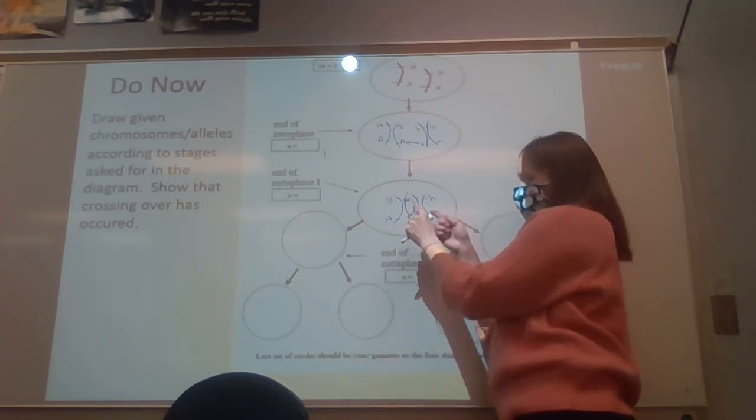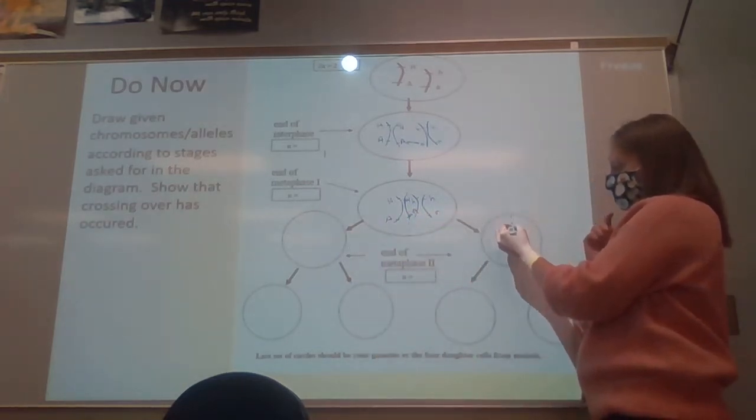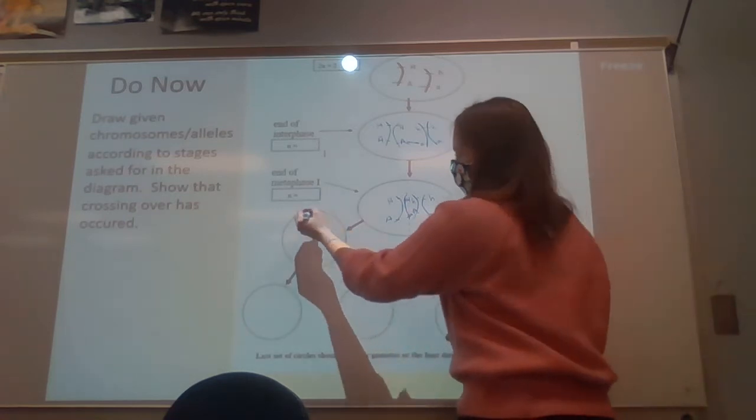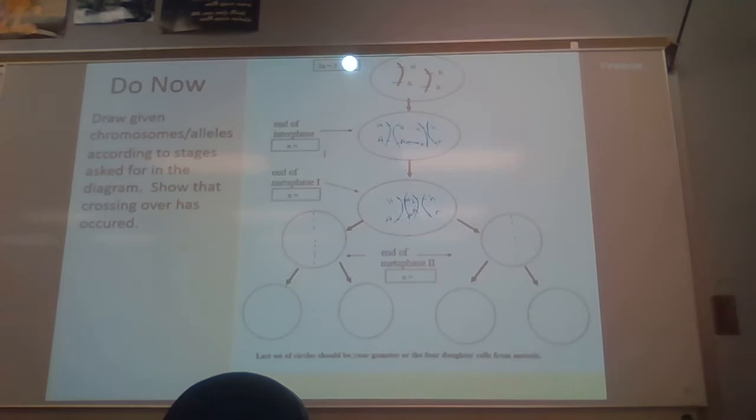So those chromosomes are eventually going to end up in two separate cells at the end of meiosis 1. The next step that really determines what's going to go in each new cell is again at the end of metaphase 2. So again, in metaphase, what happens always in metaphase? They line up in the middle.